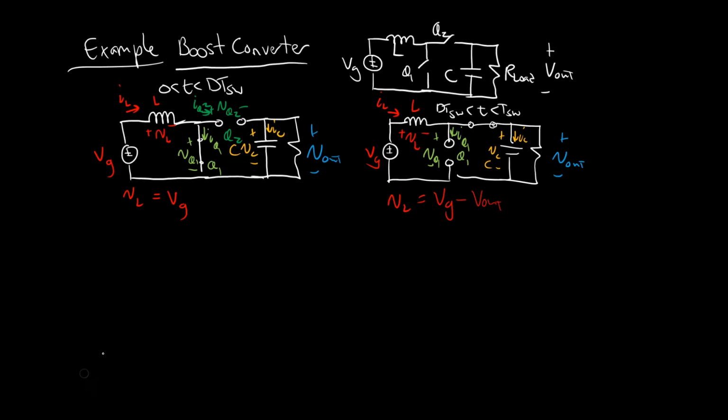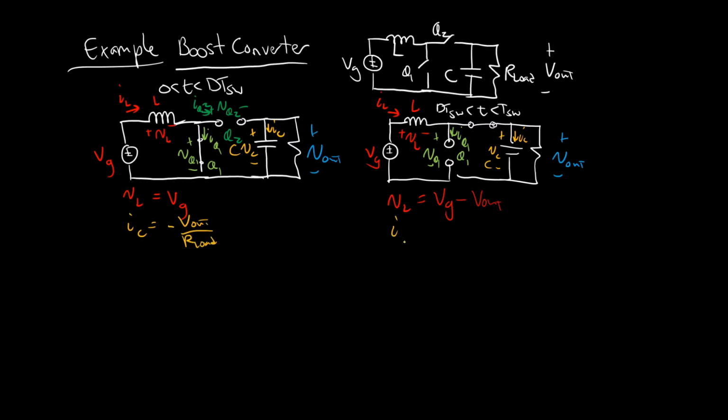Great. Now, IC. IC in the first state, we're going to use this orange color. IC in the first state, well, at this node, there's only IC flowing and the output current, so IC must be equal to negative the output current, V out over R load.